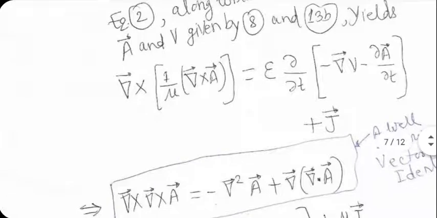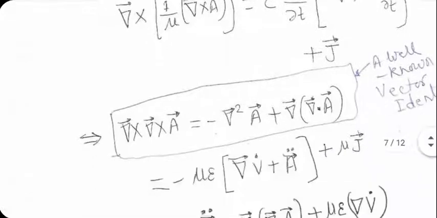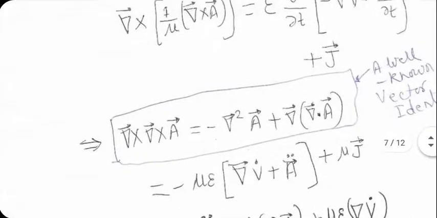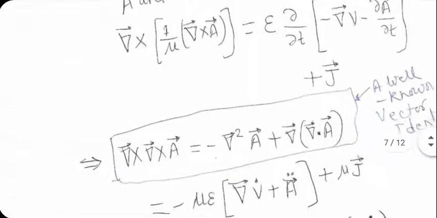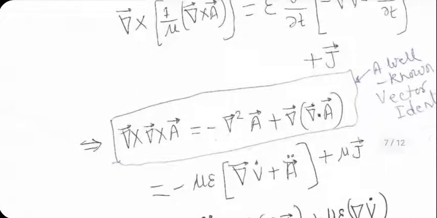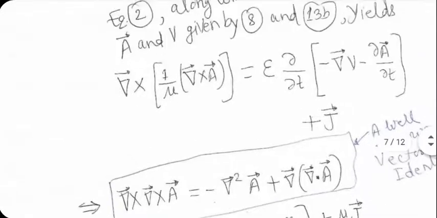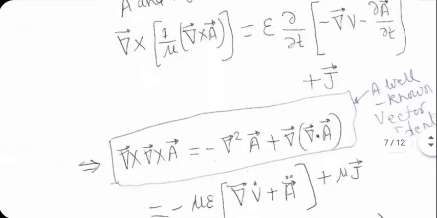We have the identity on the left hand side. If you take mu away and take it on the right hand side, you have del cross del cross A, which is identically equal to minus del square A plus del of del dot A. It's one of the well-known identities in vectors. So if I use that on the left side, and on the right hand side, because mu is being transferred on the right hand side, I'll get mu epsilon.